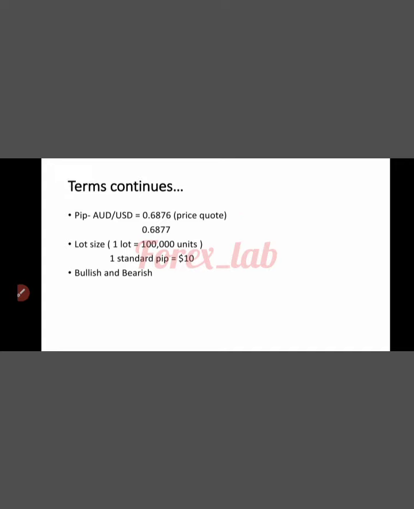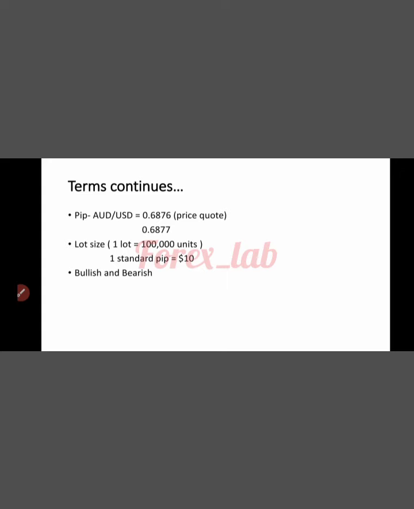We have what is called pip. Pip is the smallest movement reflected in an exchange rate on a currency pair. The pip is the fourth decimal on a price quote for a currency pair.